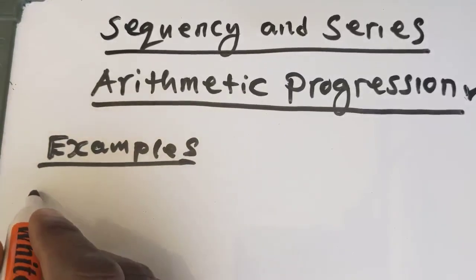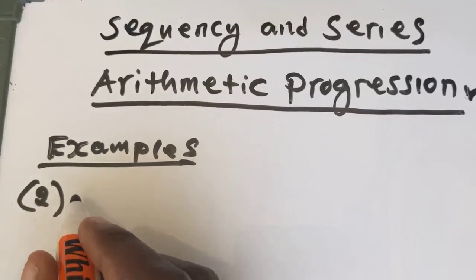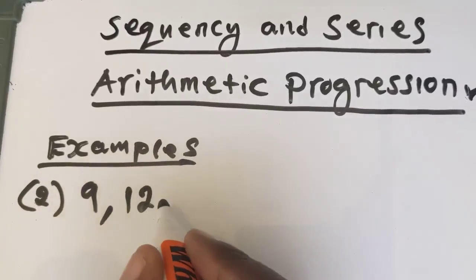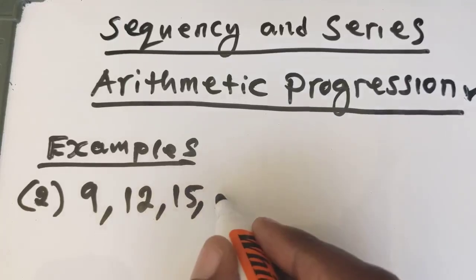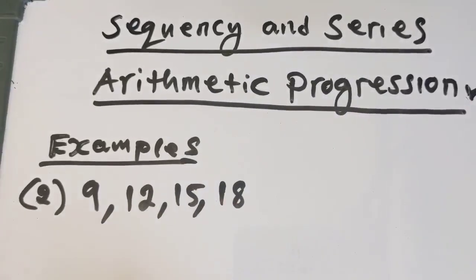We have 9, then 12, then 15, then 18. Now, we said that the next term is formed by adding a constant number. So what is the constant number that we can add? What is the difference here?